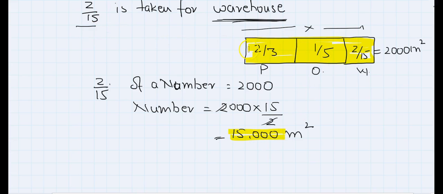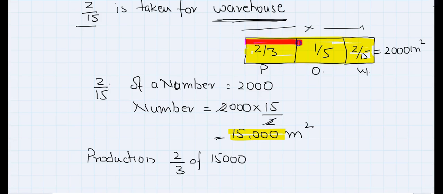Now what we have to find is the area used for the production line. For the production, it is 2/3 of the given area. So 2/3 of 15,000.